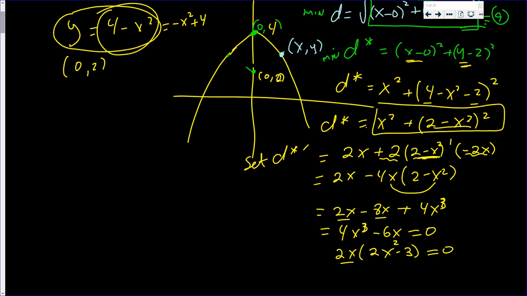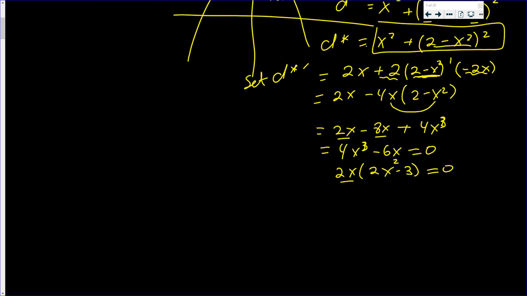Now, when is this 0? Well, 2 is never 0, but x can be 0. And when is 2x squared minus 3 equal to 0? Well, that better be 3. Only 3 minus 3 is 0.